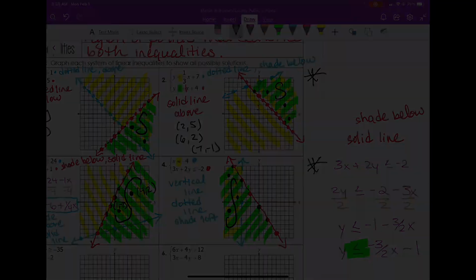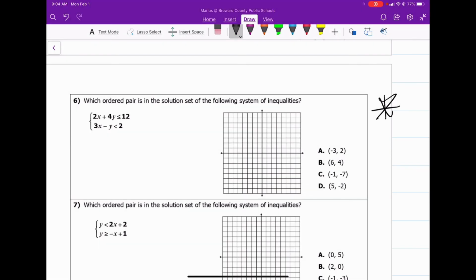All right. Now, it says which ordered pair is in the solution set of the following system of inequalities. We could either graph both of these lines and then try to plot these points to see if they're a solution, or we can simply take those ordered pairs and plug them into the system to see algebraically, do they work?